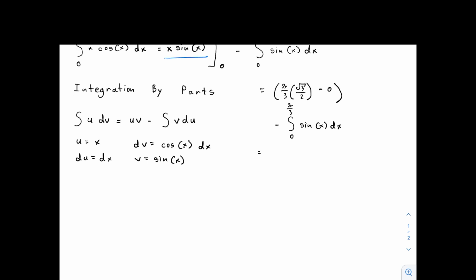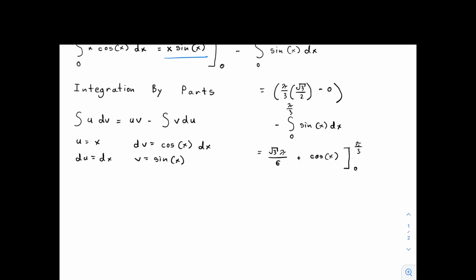In turn, we can write this as the square root of 3 times pi over 6. And then the integral of sine x is minus cosine x. We have that negative outside, so I'm going to write this as plus the cosine of x evaluated at 0 and pi over 3.